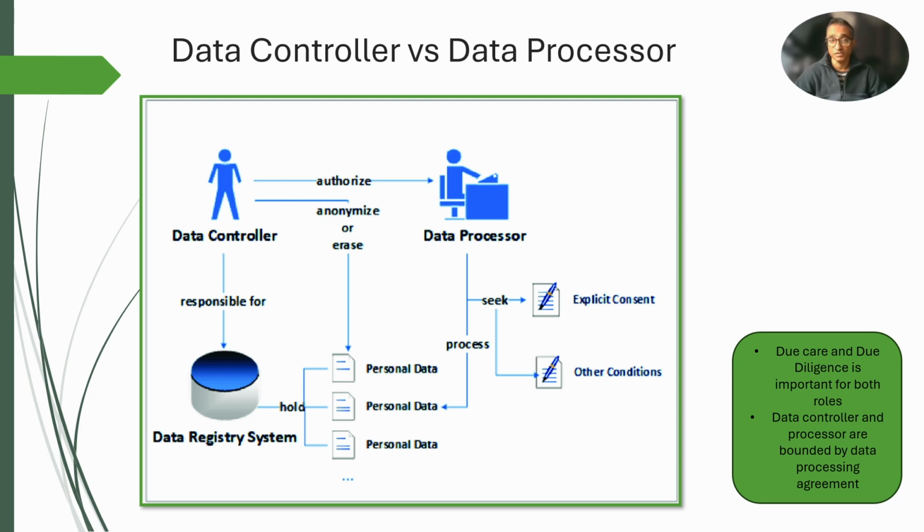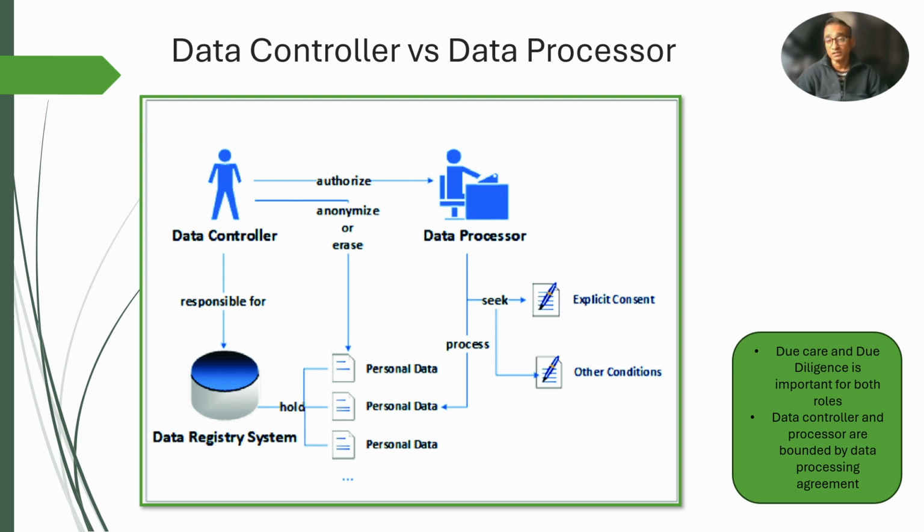That is under the remit of the data processor. It is important to note that this is not just a give and take relationship between data controller and data processor, but it is a well-defined contractual agreement where an explicit consent needs to be obtained from data processor to data controller, or vice versa, in terms of processing the data.